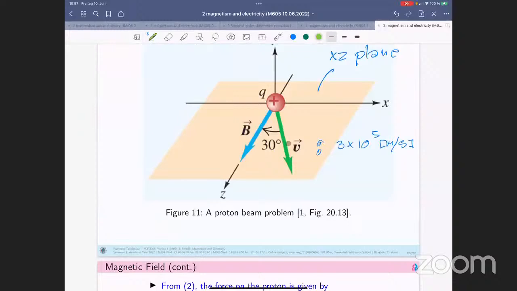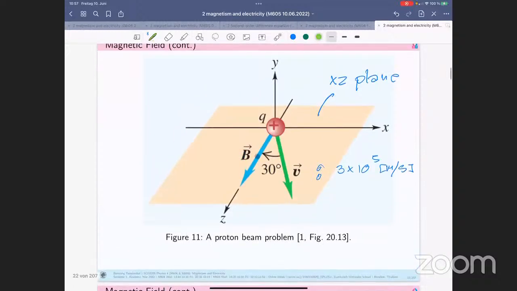what is the direction of the induced F, or the Lorentz force? Rotate your fingers from V to B, and the direction will point downward. Okay? So our F direction will point downward, like that.